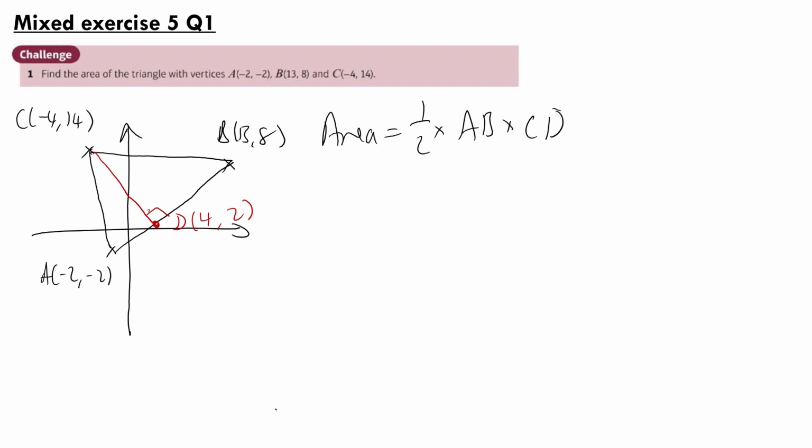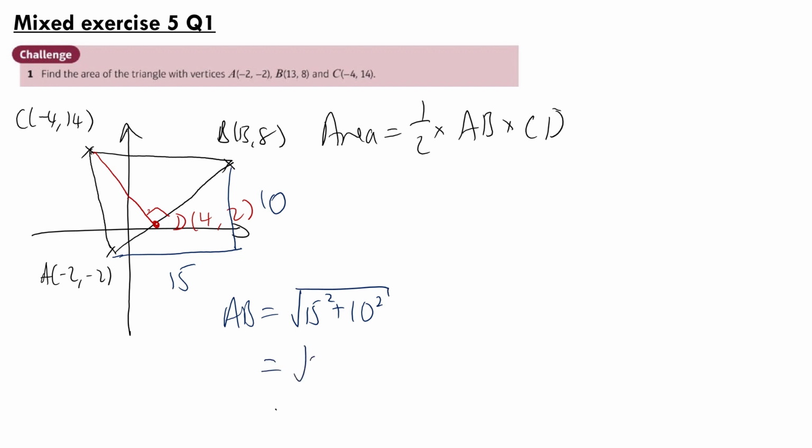First of all, looking at AB, this bottom side has length 13 plus 2, which is 15, and the other side has length 8 plus 2, which is 10. So the length AB is equal to the square root of 15 squared plus 10 squared, which gives us the square root of 325.